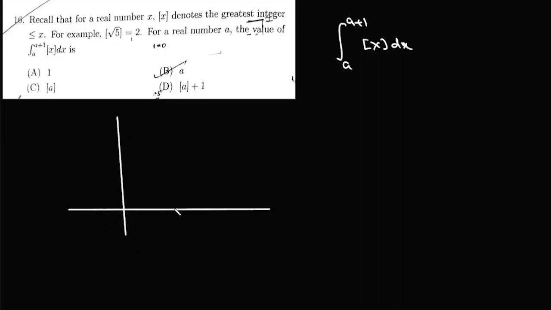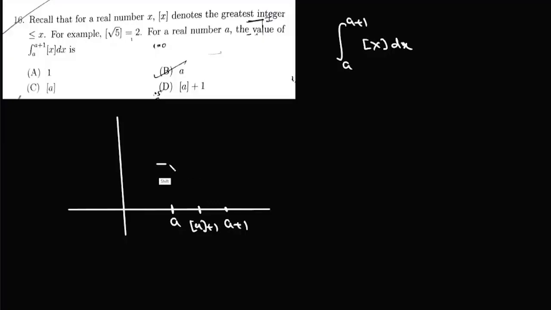Now in question number 16, we have to find value of this integral, which is this integral from a to a plus 1 greatest integer function of x dx. Now if we draw this graph, now suppose this is a and this is a plus 1. Here this value will be greatest integer function of a plus 1.